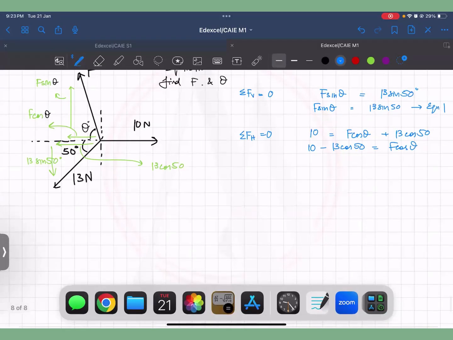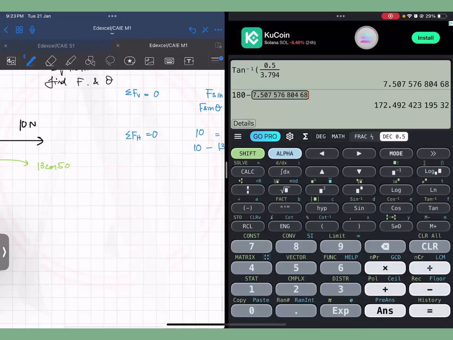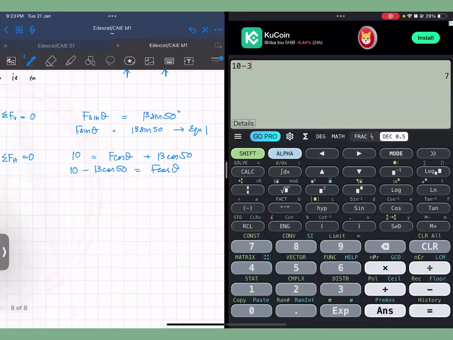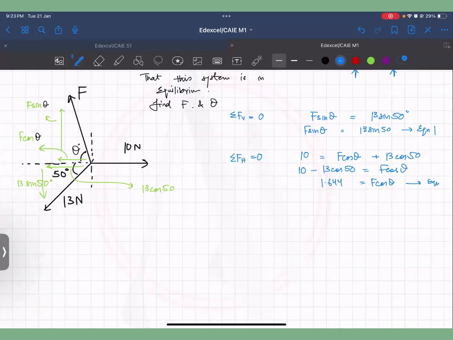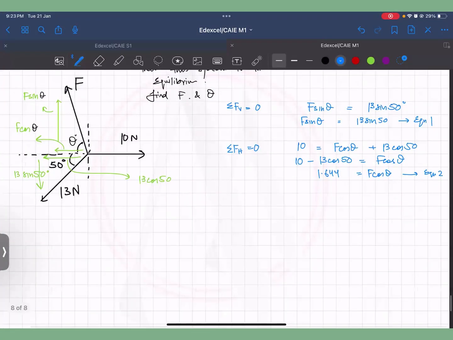When you simplify 10 minus 13 cos 50, this would be 1.644, equal to F cos theta. Now this is your other equation. Another way of solving this simultaneously is dividing the two equations.